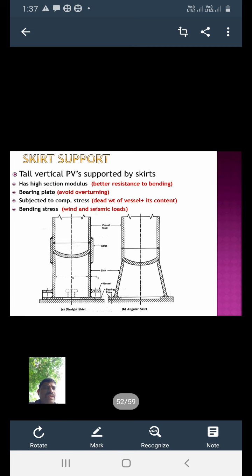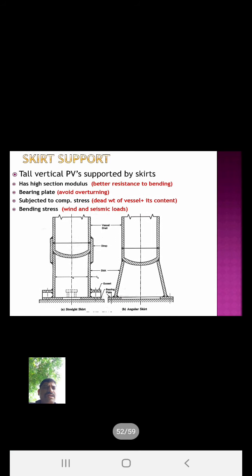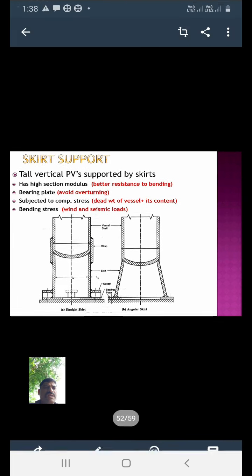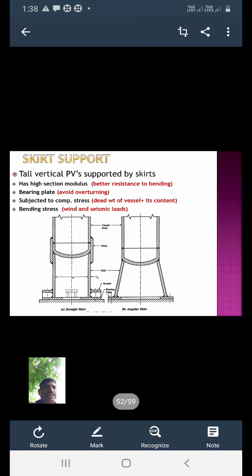The skirt support section has a high section modulus and hence gives better resistance to bending. Skirt support is used for the tall vertical pressure vessel. The skin of the skirt support may be straight or angular.